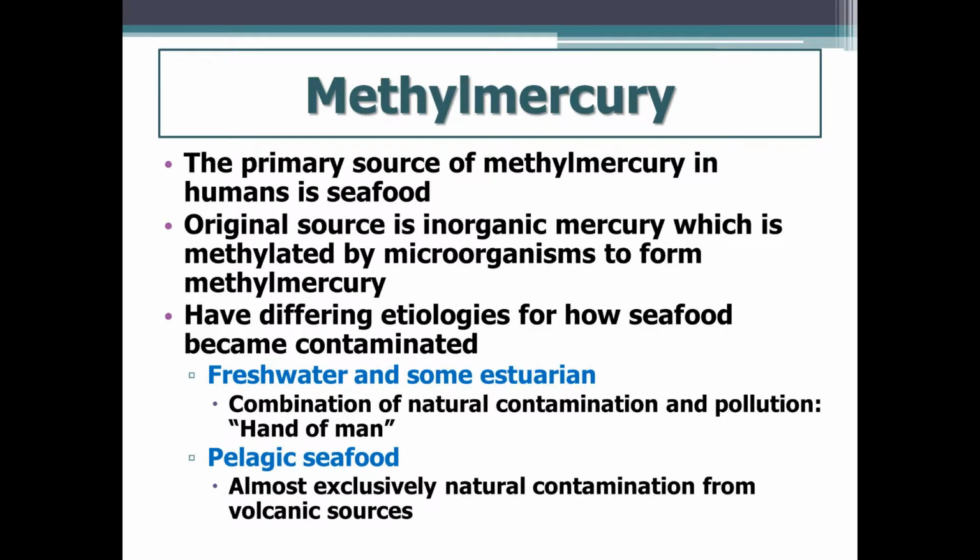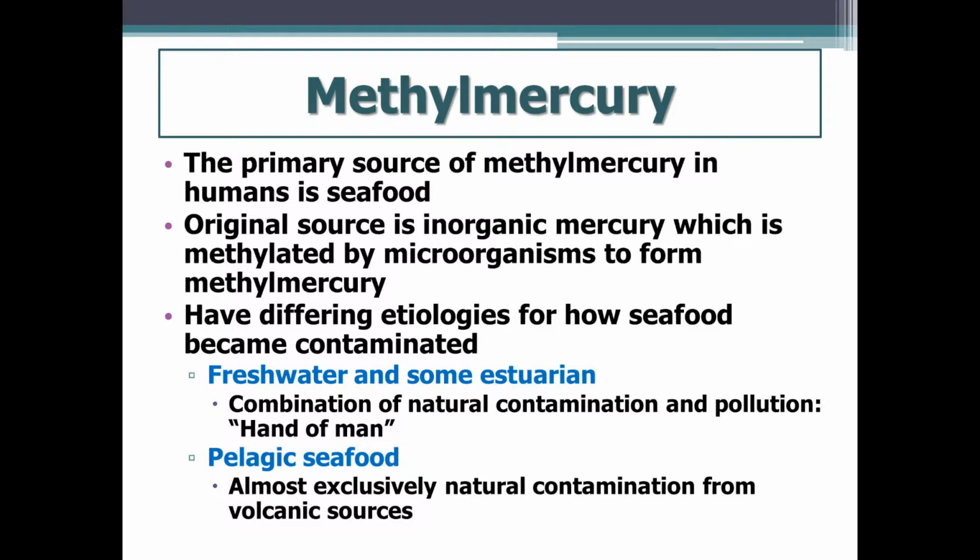The important thing here is that there are actually multiple etiologies. Almost all methylmercury that humans are exposed to comes as part of the diet, and it's associated almost exclusively with seafood. The original source, as is indicated, is inorganic, that's converted, and we have two differing etiologies depending on the source. We have the sources that are associated with fresh water and certain estuarine environments, and this is a combination of both natural contamination and as a result of pollution.